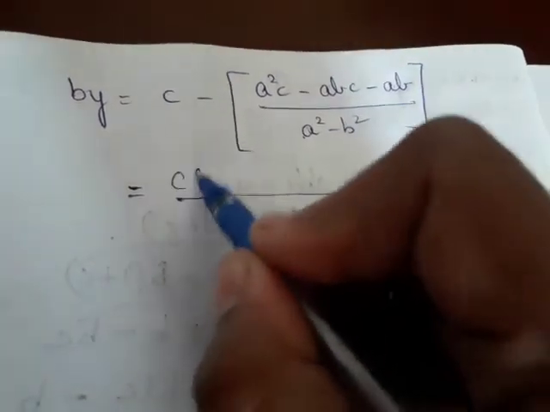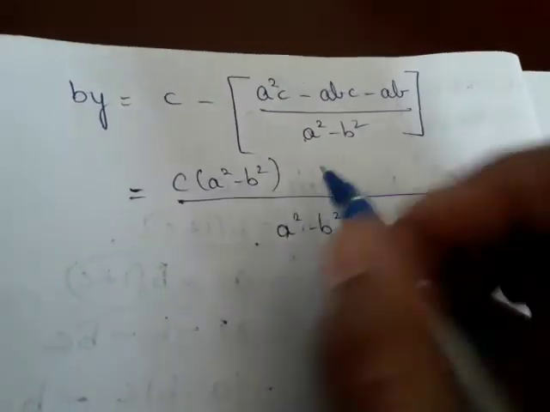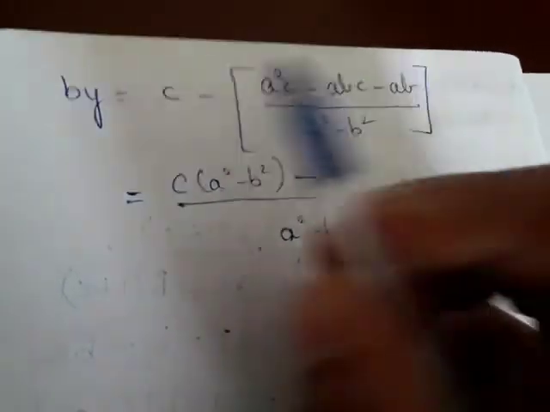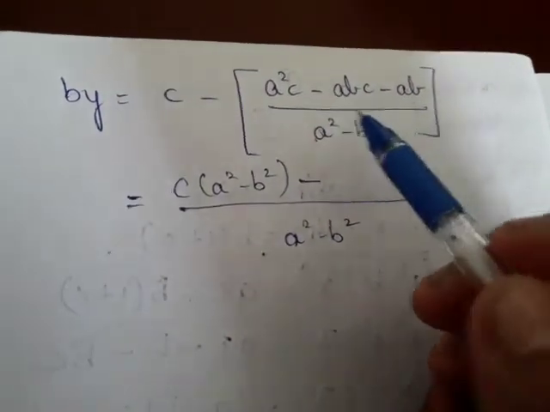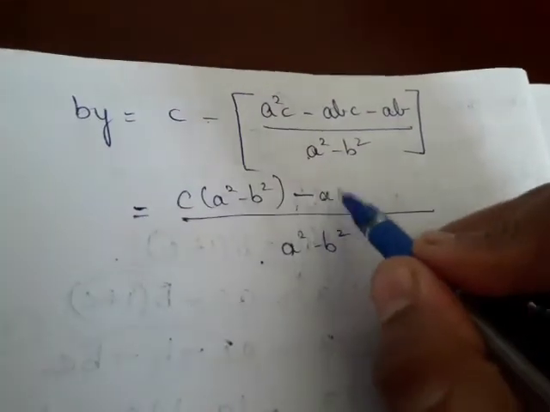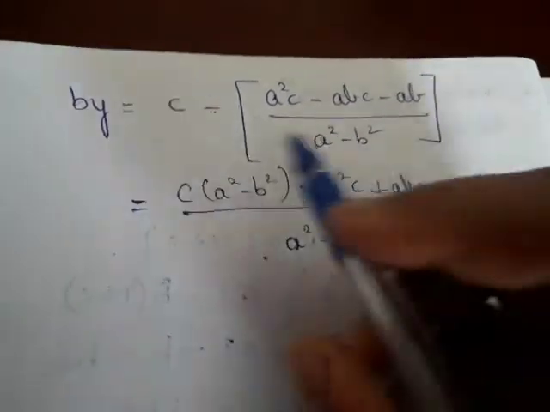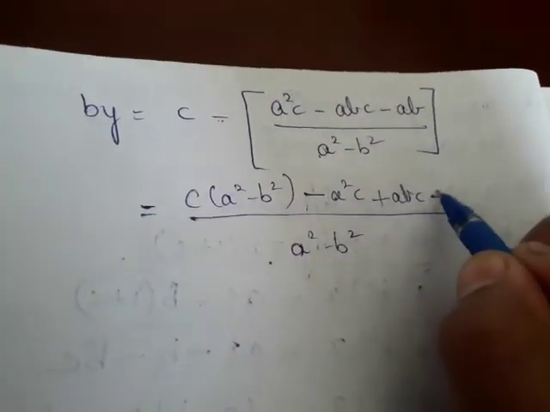So we need to multiply a square minus b square with the c. Minus is there. So while removing brackets, that sign will change. So minus a square c. This minus into minus, it will become plus abc. Minus into minus, it will become plus ab.